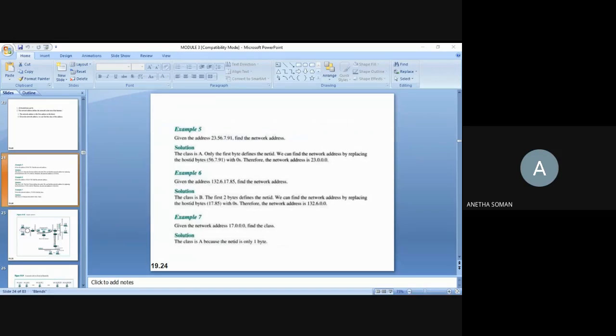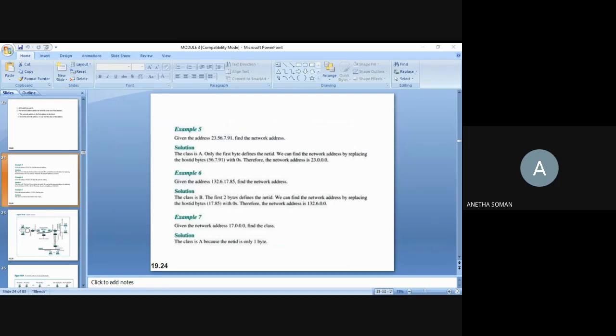Okay, so in the first morning class, we were discussing classful addressing and the different types of blocks as well as the block size in each class. I hope you understood the meaning of blocks and block size. Now, what are the advantages of classful addressing?